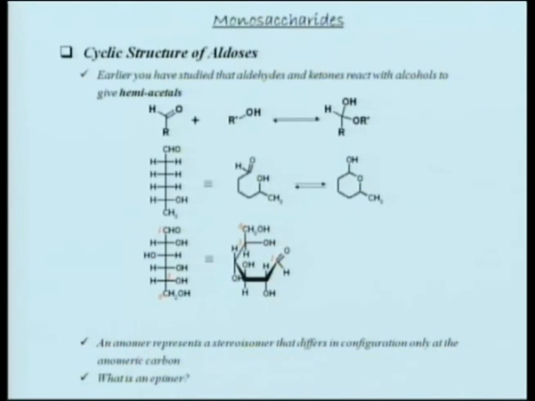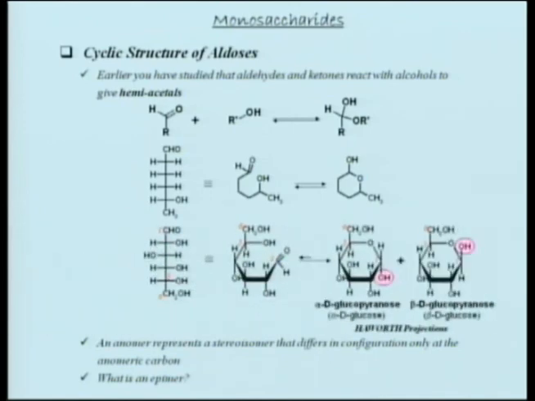It turns out that this can fold over into a conformation such as that. Notice this is the aldehyde, this is position 2, this is position 3, this is position 4, this is position 5 and 6. The 5-OH comes fairly close in three-dimensional space to the aldehyde group, and therefore the lone pair on that particular oxygen can attack the carbonyl carbon to give you either that structure or that structure.